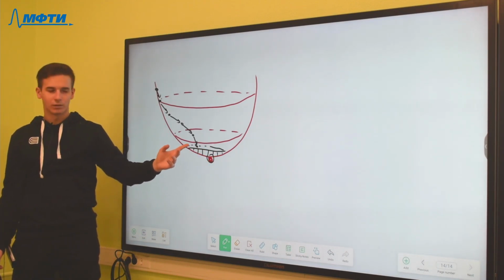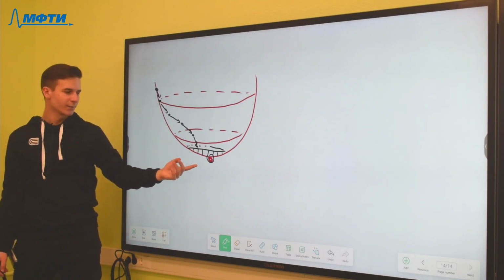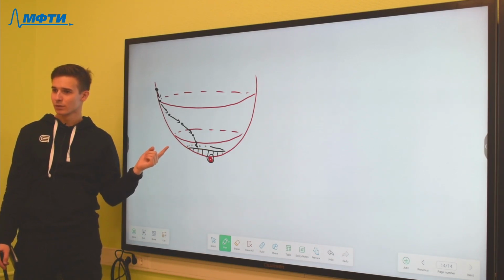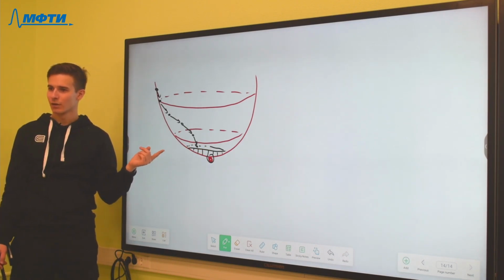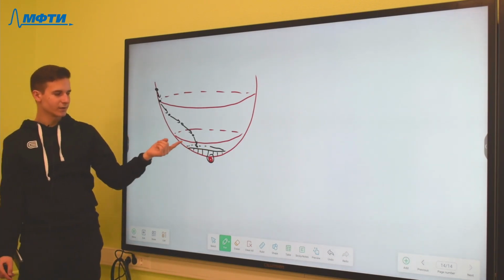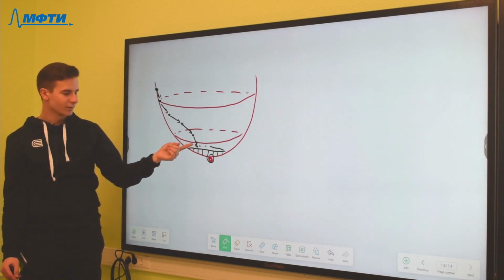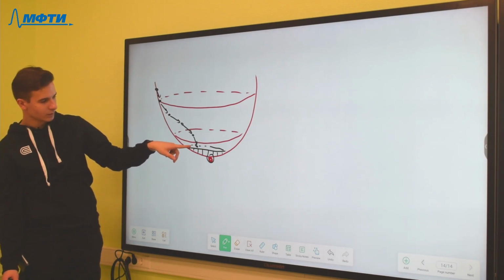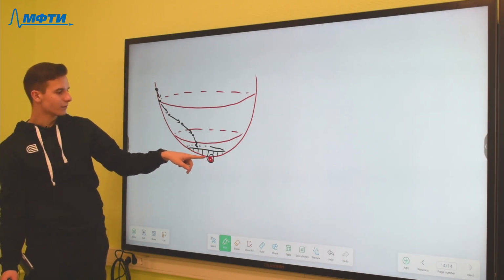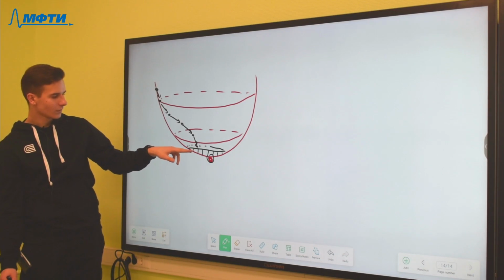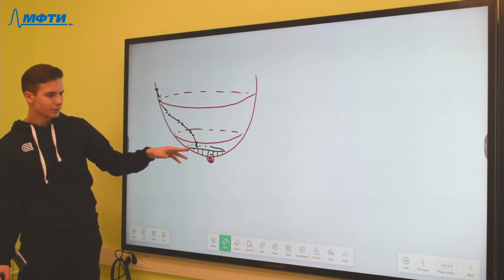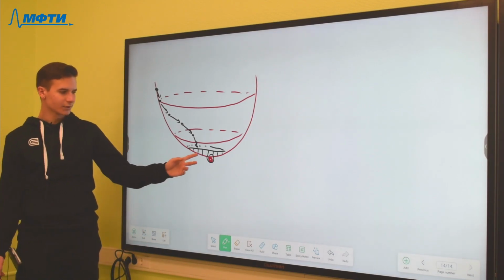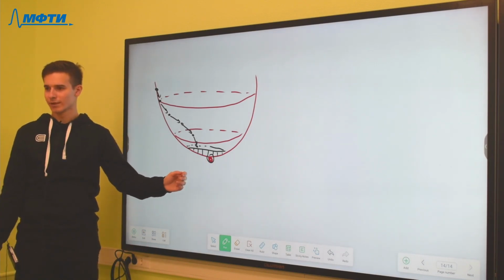It means that you cannot find the exact extremum of this graph, but you can find a point here that will be very close to the extremum.